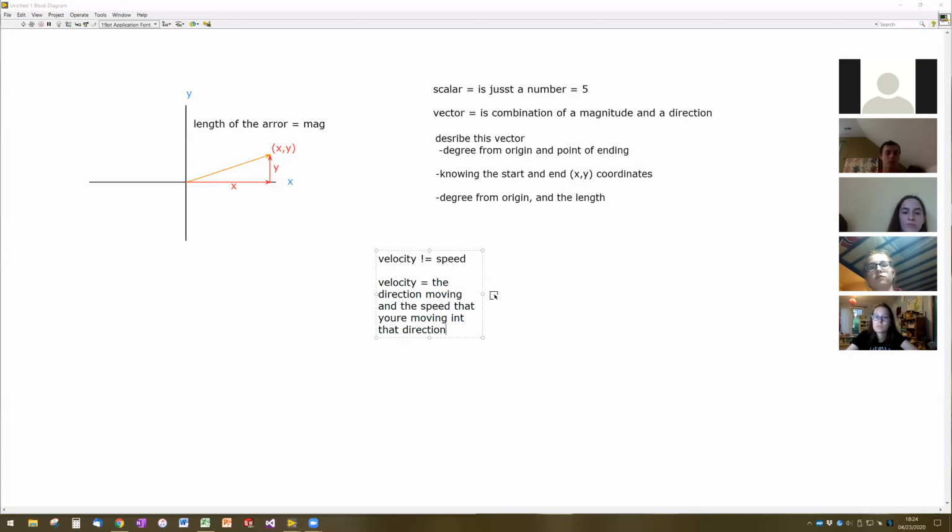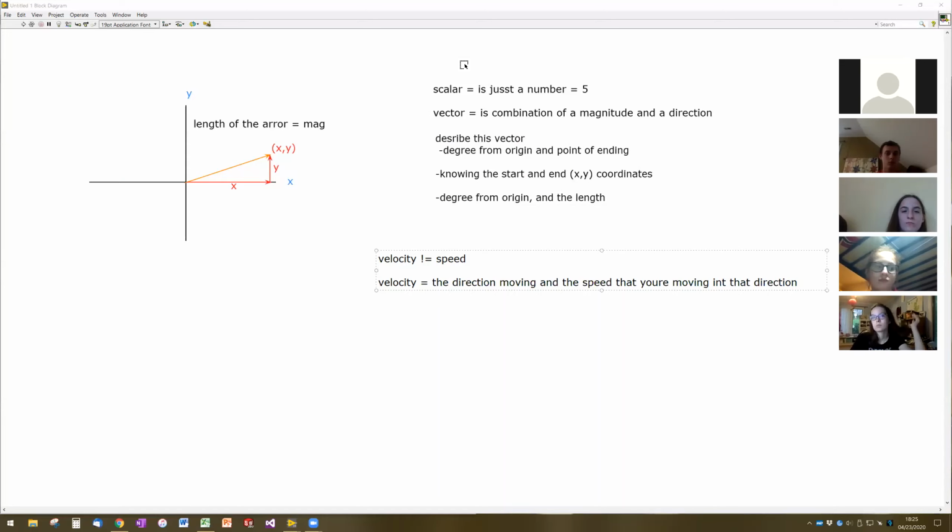So strictly speaking, the speed of your car is the magnitude of your velocity, and what direction you're going, east, north, south, west, is the direction that you're going. And so your car's velocity is the combination of both your car's speed and the direction that your car is moving in.